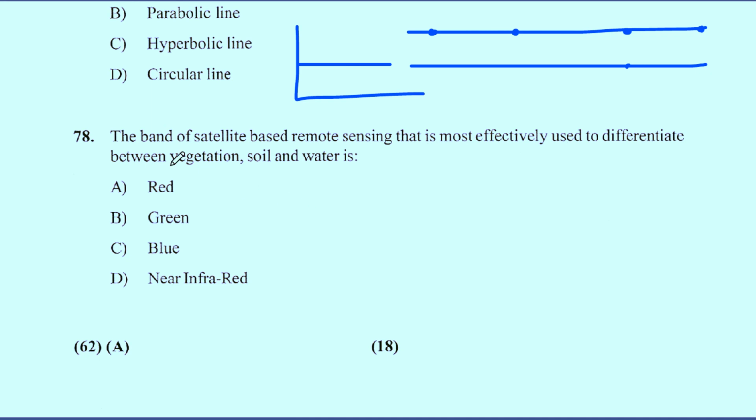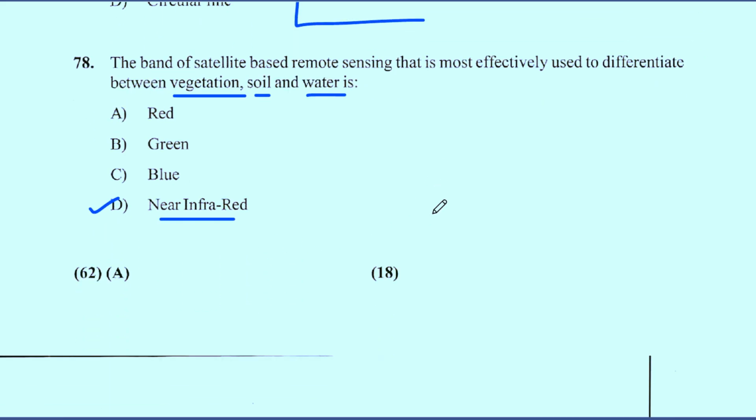next question is the band of satellite based remote sensing that is most effectively used to differentiate between vegetation, soil, and water. So it is near infrared.